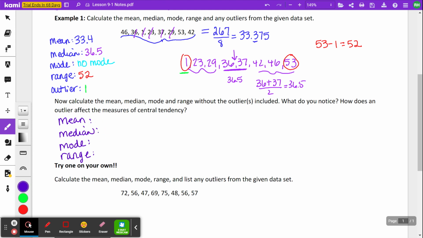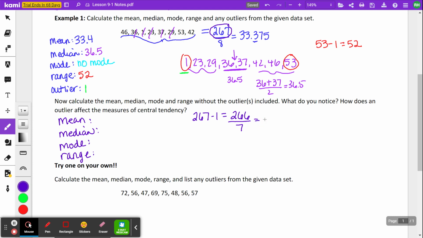Okay. So up top here, this was what we had when we added them all up. Now I'm taking off the 1. So I've got 267 minus the 1 for our outlier gives me 266. And now we don't have 8 values, we have 7 of them.